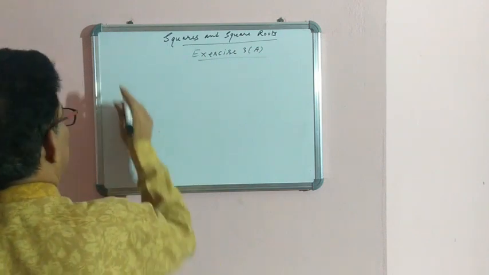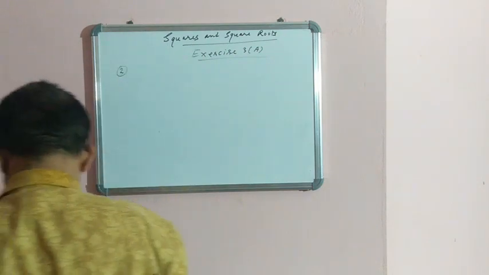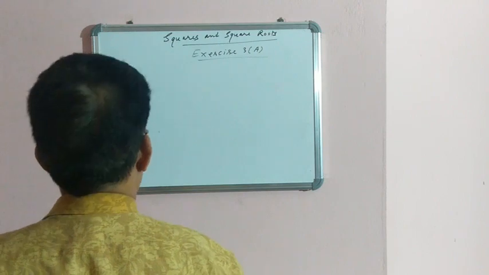Now in question number 2, you have to show that each of the following numbers is a perfect square.